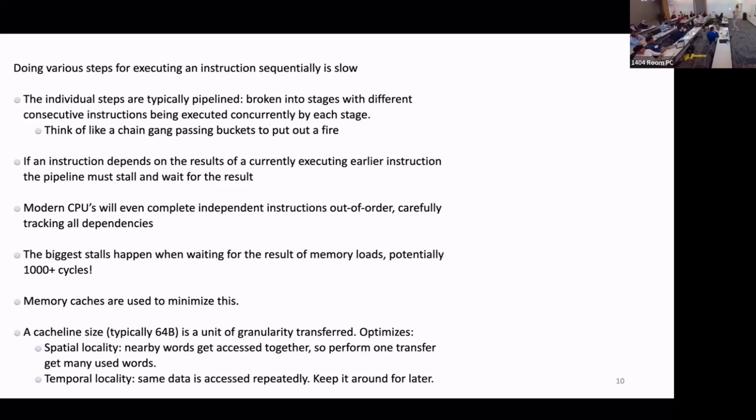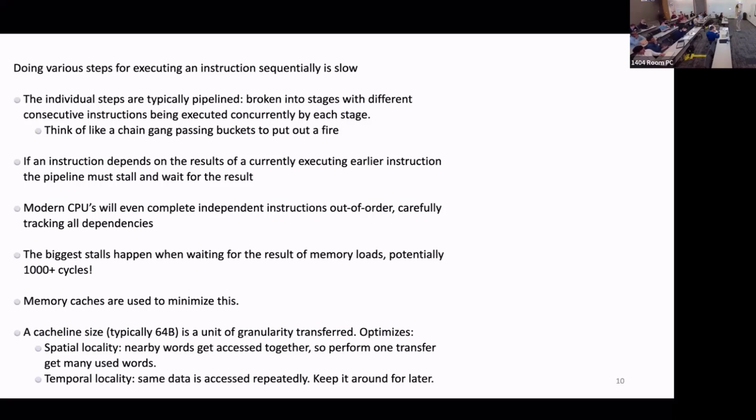And of course, the biggest stalls happen when waiting for the result of a memory load. Memory latency is typically of order 100 to 150 nanoseconds. These are 2-3 gigahertz chips, so that can easily be 1,000+ cycles you would have to wait in the case of a miss.